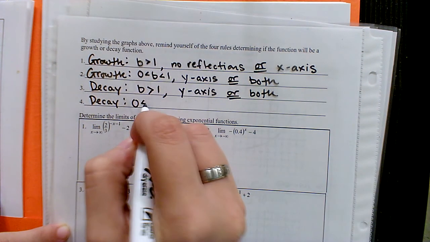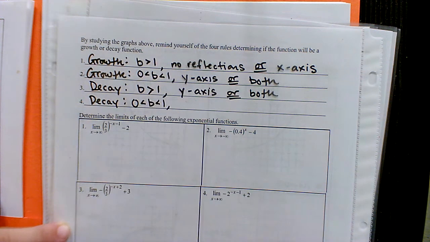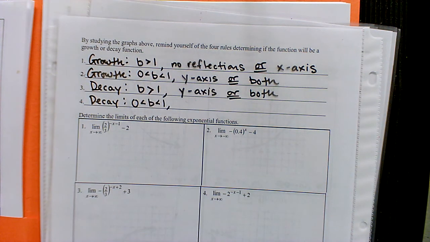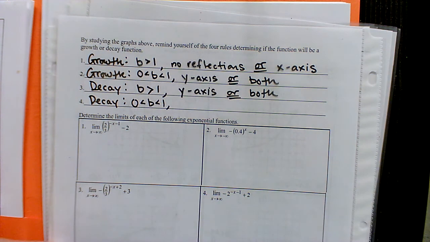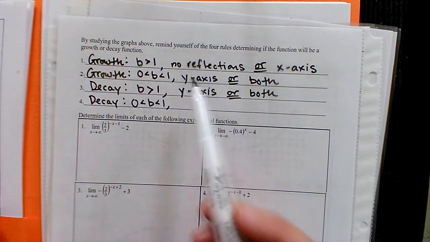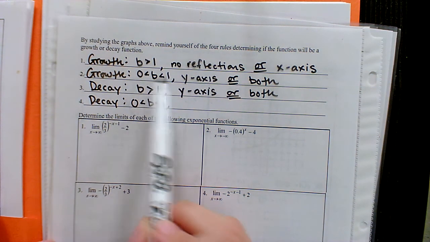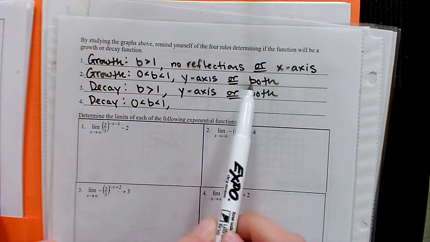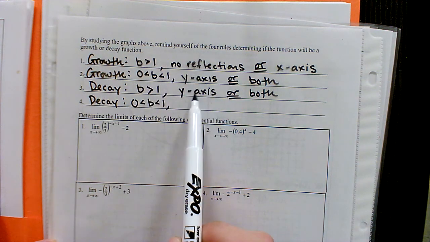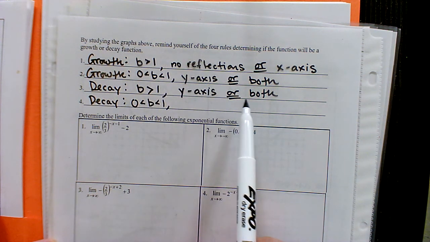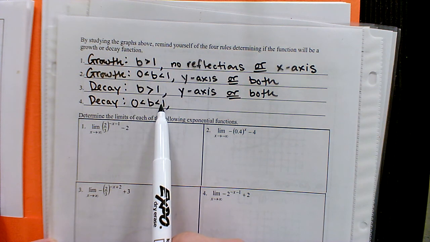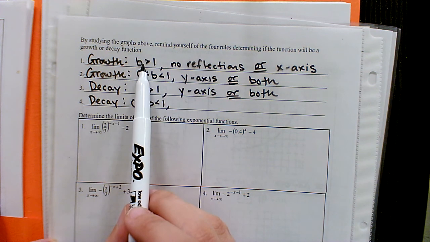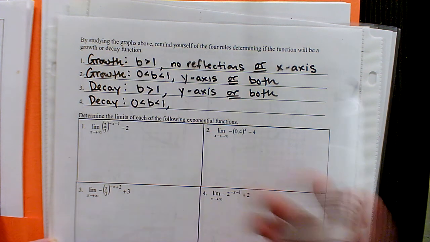Okay, and if we have a base between 0 and 1, maybe you can see a pattern with what we've done so far. Notice how if we had a growth between 0 and 1, it was y-axis or both. If we had a decay bigger than 1, it was also y-axis or both. So then decay for between 0 and 1 should be the same as the growth with a base value bigger than 1.